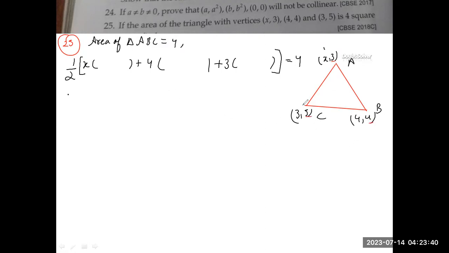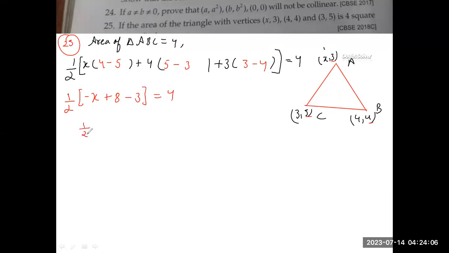So, y2 minus y3, 4 minus 5; y3 minus y1, 5 minus 3; and y1 minus y2, 3 minus 4. So I got 1 by 2 times: negative 1 and x, negative x; 5 minus 3 that would be 2, 4 and 2, 8; 3 minus 4, negative 1, that means negative 3, equal to 4.